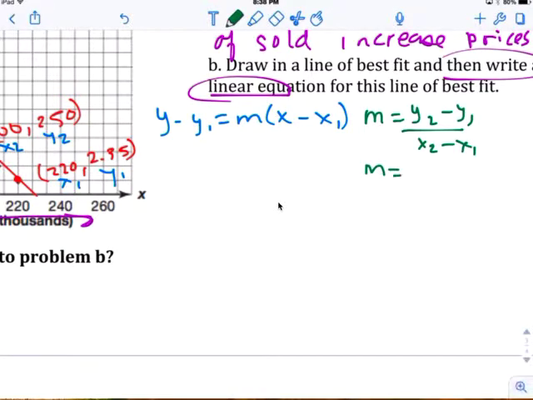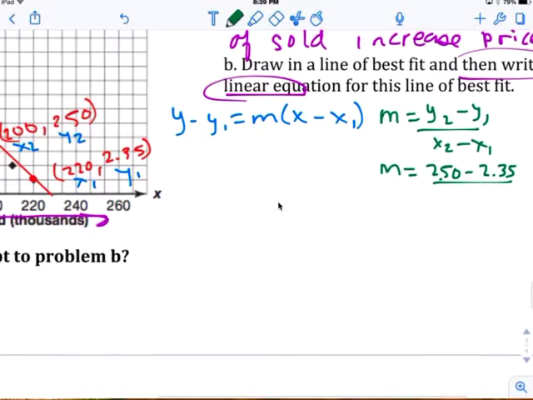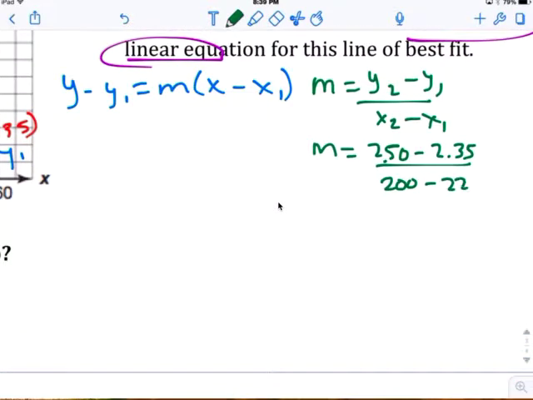M equals y2, 2.50, minus y1, $2.35. X2, 200, minus x1, 220. M equals 15 cents, right, over negative 20. We can't have 2 decimals and a fraction.